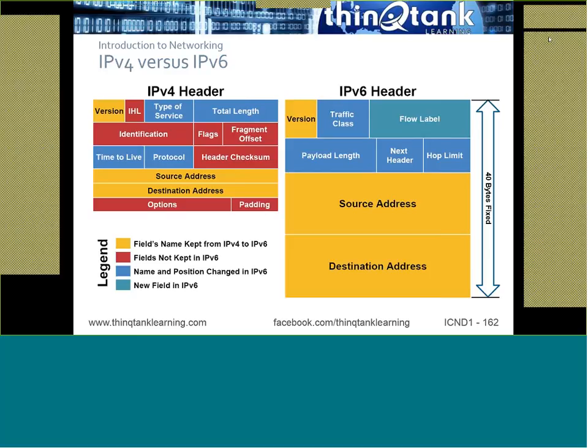But when they defined IPv6, they said, hey, if you're going to support IPv6, you have to have a minimum MTU of 1280 bytes. Which means that if you set your MTU on your PC to 1280 bytes, then you'll always have to fragment, because we're always going to be sending stuff larger than 1280 bytes.